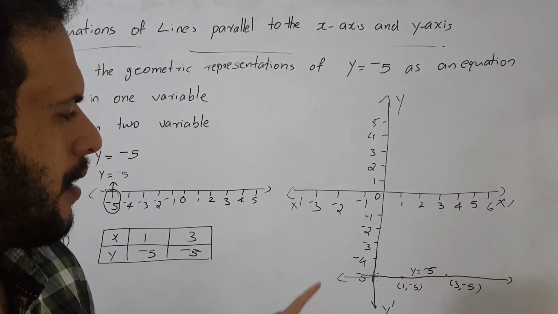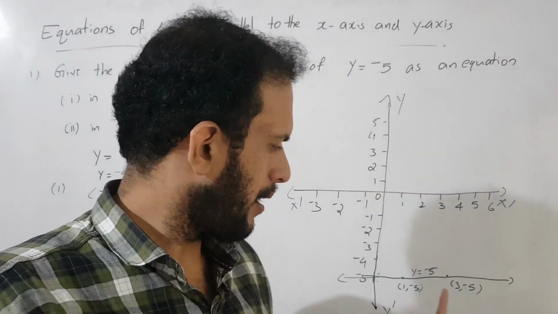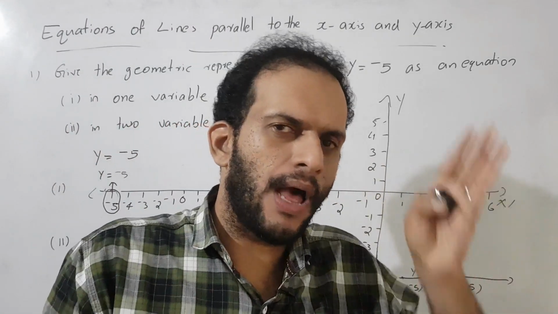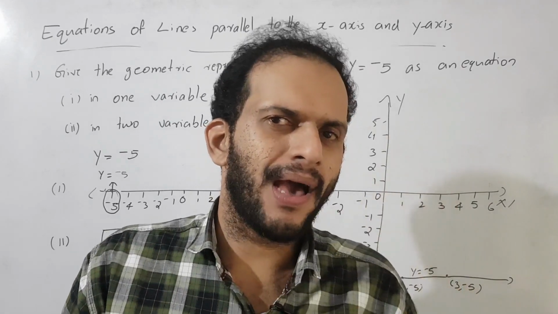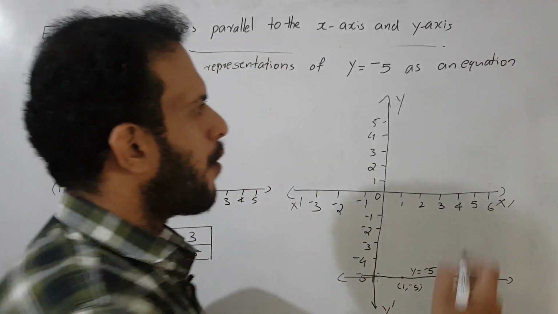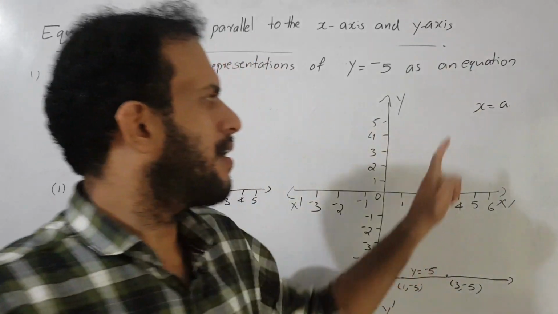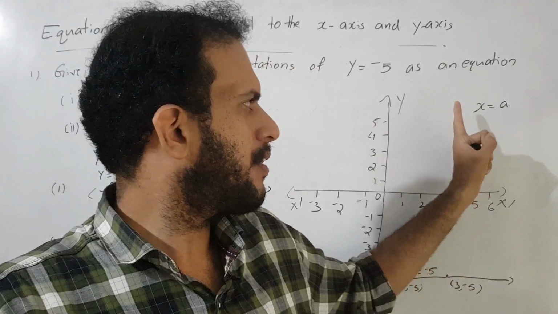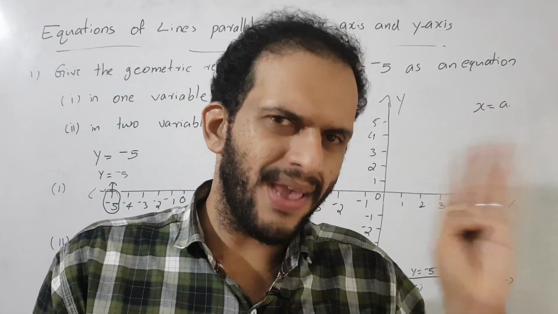So now it is very clear. The graph is parallel to the x-axis. Correct? In the last example, we got the graph parallel to the y-axis. Now we got the graph parallel to the x-axis. When does this happen? If the equation is in the form of x is equal to a number, as we got in the last example, the graph is parallel to the y-axis.